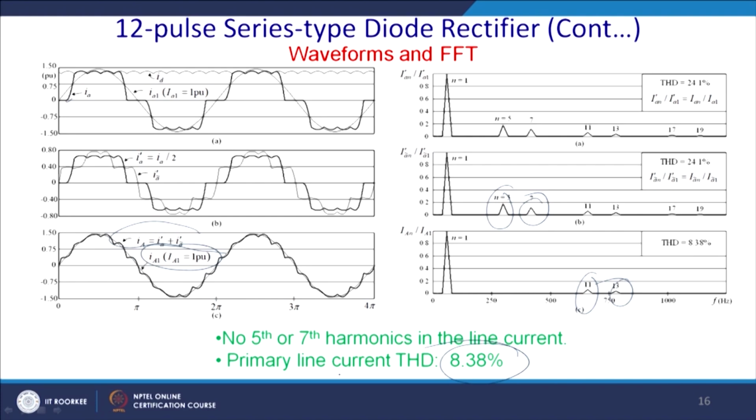If you want more, then we need to go for the 18 pulse converter. It requires a typical design, and thereafter you can have a 15 degree phase shift for the 24 pulse converter, and also you can go for the 48 pulse converter.